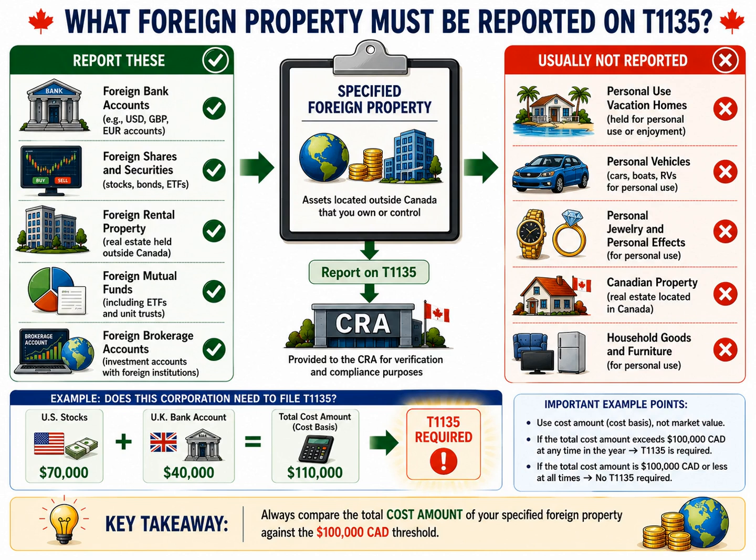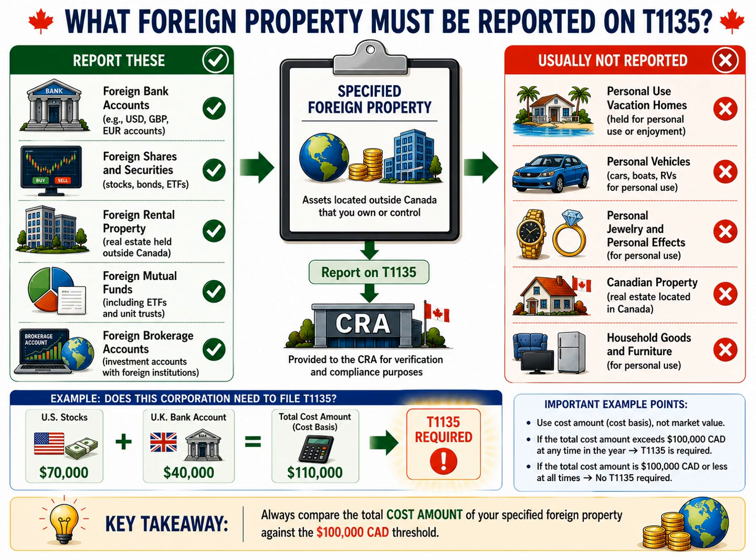Some of the most common examples include foreign bank accounts, foreign shares and securities, rental properties located outside Canada, foreign mutual funds, and foreign brokerage accounts. If these assets meet the reporting requirements and the total cost amount exceeds the filing threshold, they are generally reported on Form T1135.